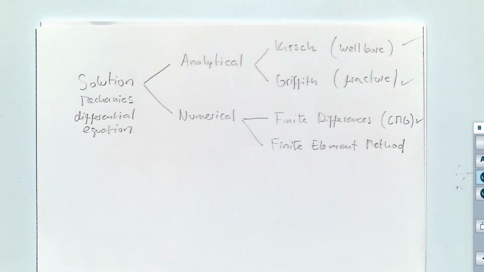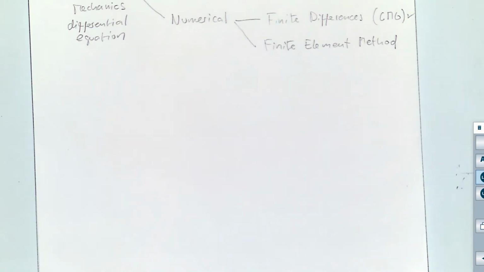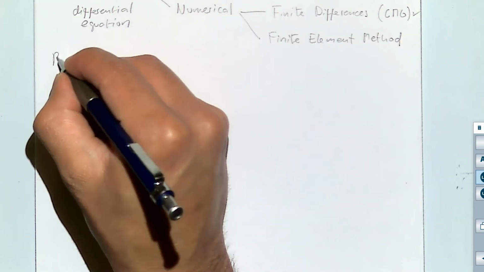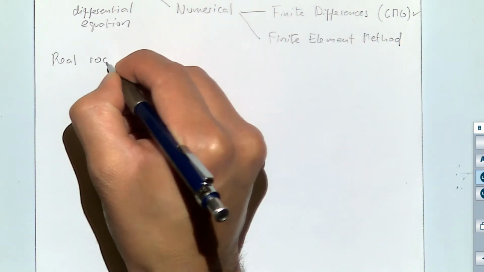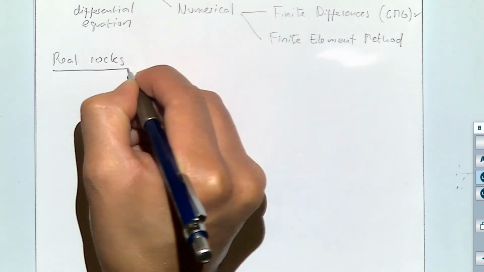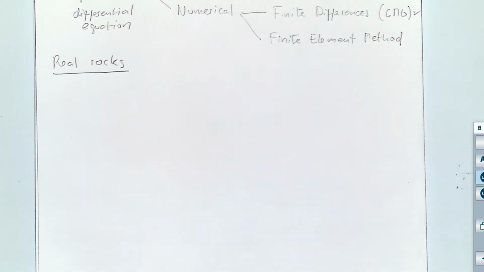Okay. So let's move to the last topic before we go into the failure of rocks. And it's something that I call real rocks. Because so far we have dealt with problems of mechanics in which the rock was isotropic and just linear elastic.